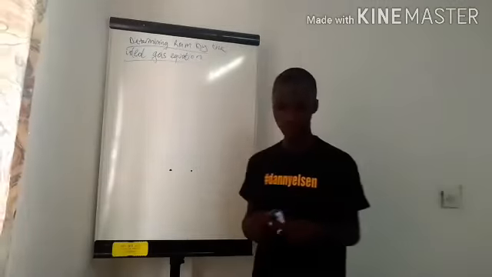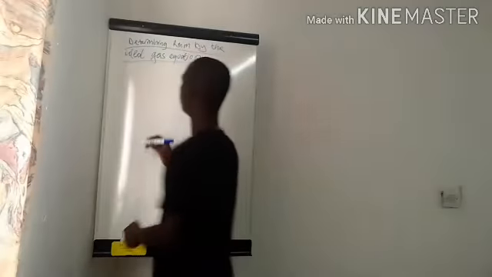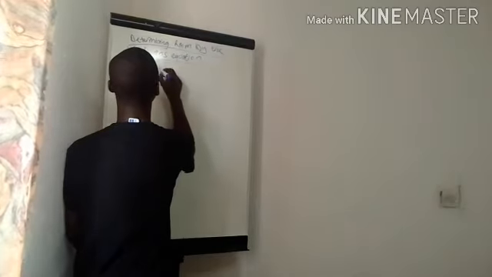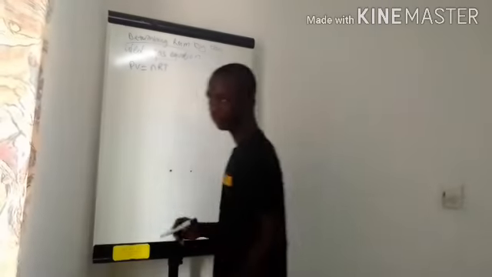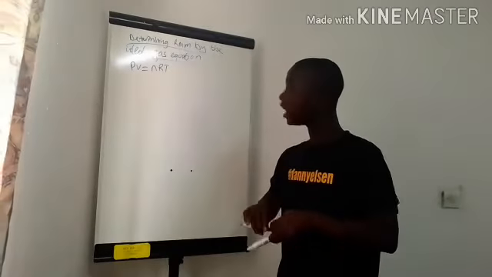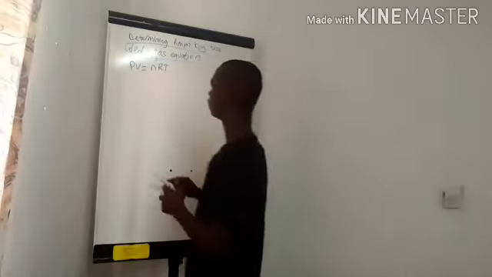Okay, so to begin with, like I said, let me write down the ideal gas equation, which is PV equals nRT. Now, you and I both know that this n, which is the mole, is given mass divided by molar mass.